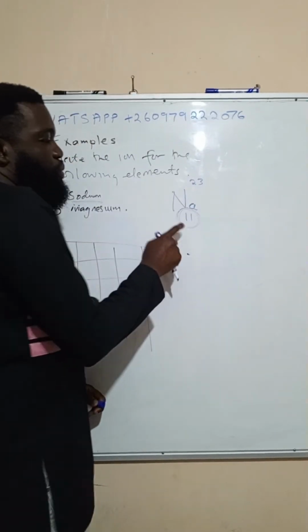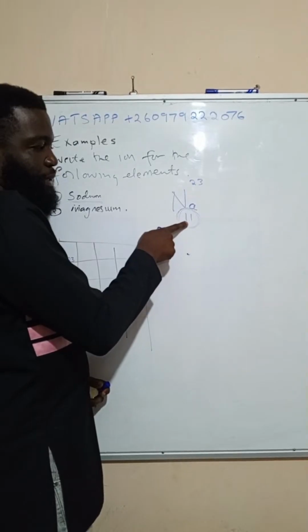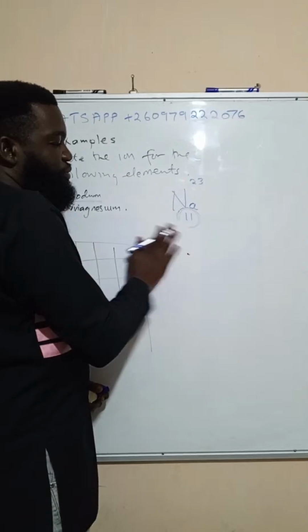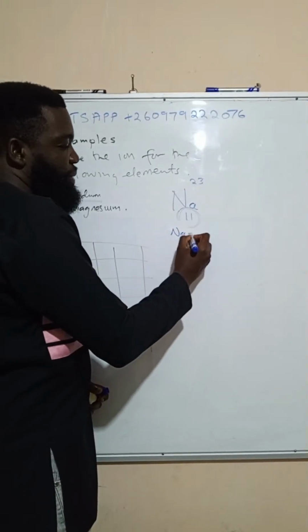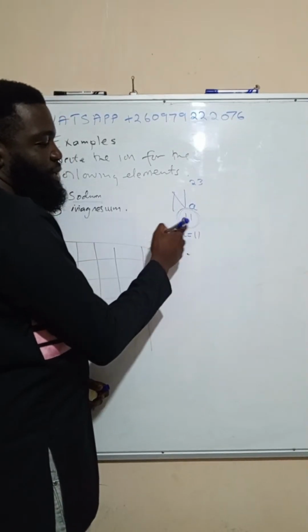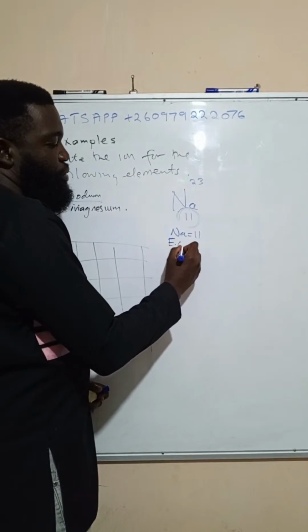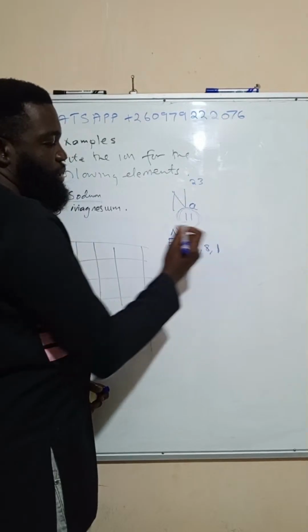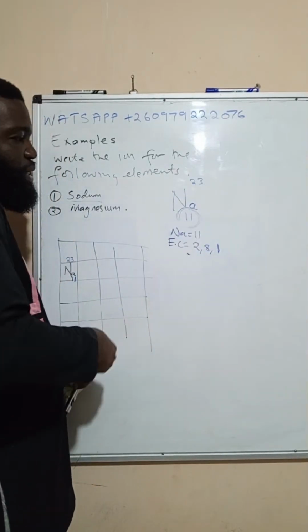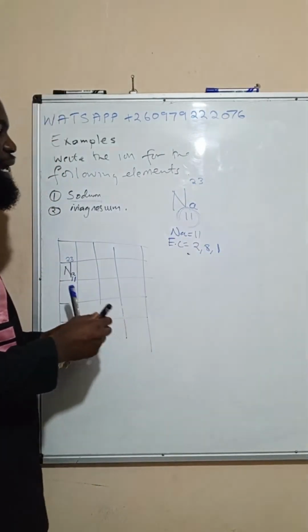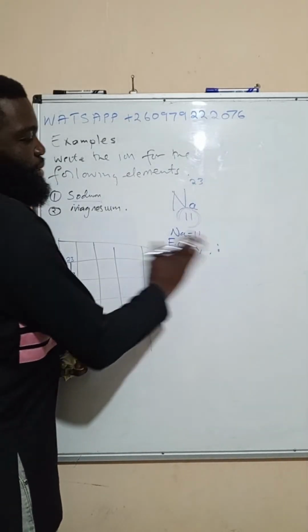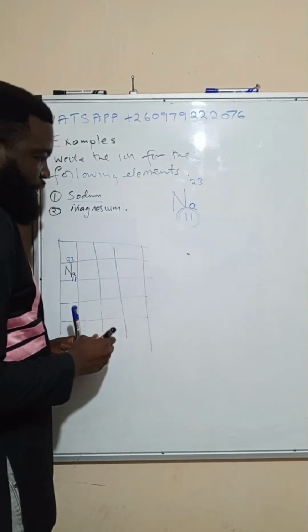So this atomic number here, you write something like this. First you say sodium is atomic number 11. Then you say the electronic configuration for sodium is 2,8,1. Okay. Then what you do is you check the last number.